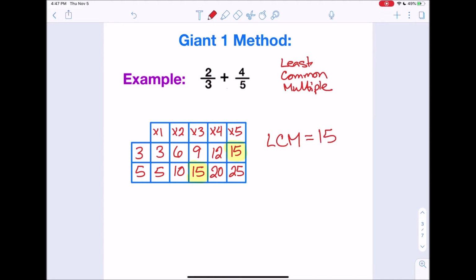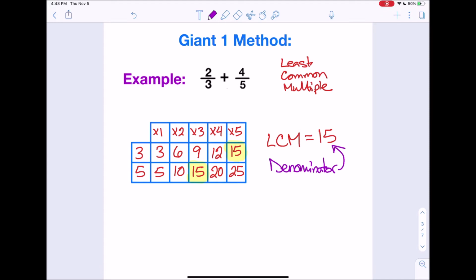And you might be thinking, well, why is that a big deal? That's a big deal because your least common multiple is going to be your denominator. So that means the denominator is going to be 15. So you want to find the least common multiple because that ends up being the denominator you need for both of these fractions in order to add them together.